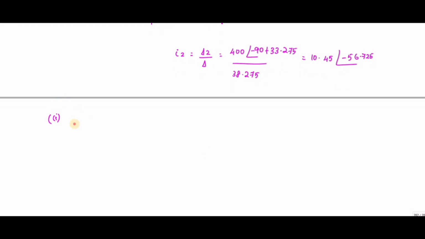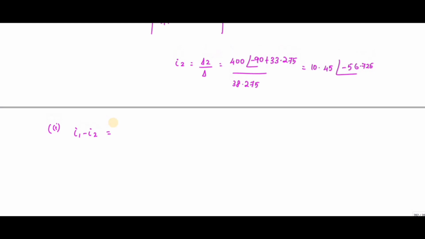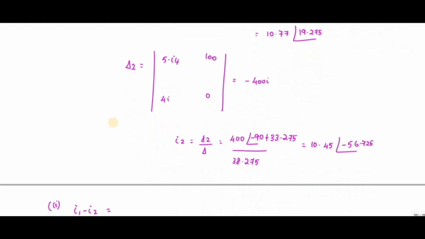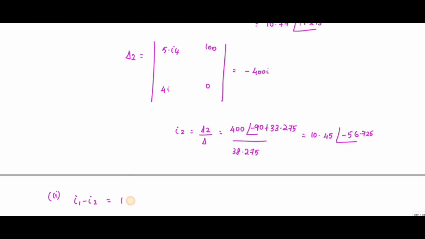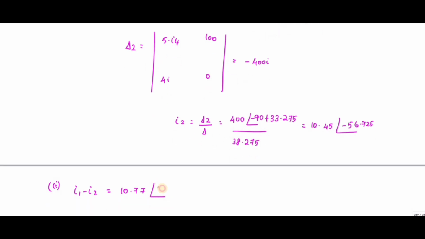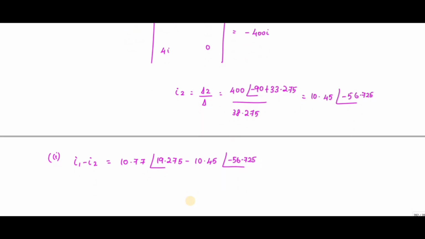So I1 is 10.77 angle 19.275 minus 10.45 angle minus 56.725.